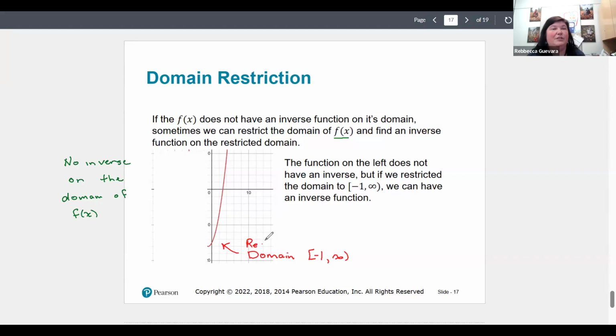So this is a restricted domain. It's just looking at the function from -1 to infinity. So this is only f(x) on -1 to infinity. In here, we would actually have an inverse function.